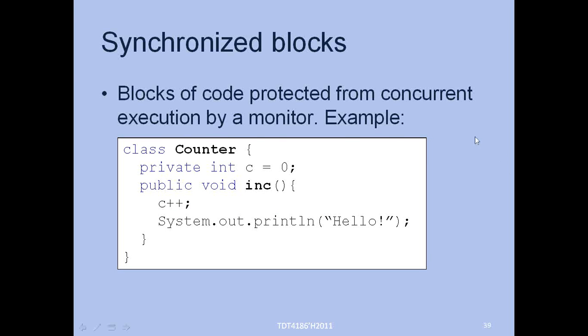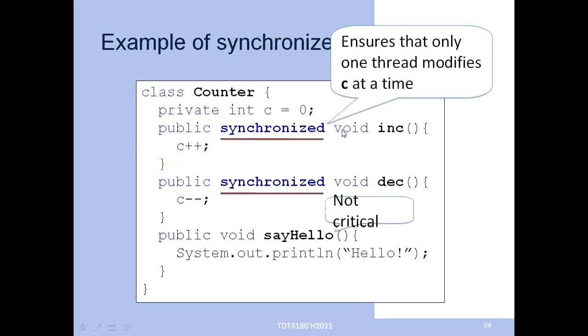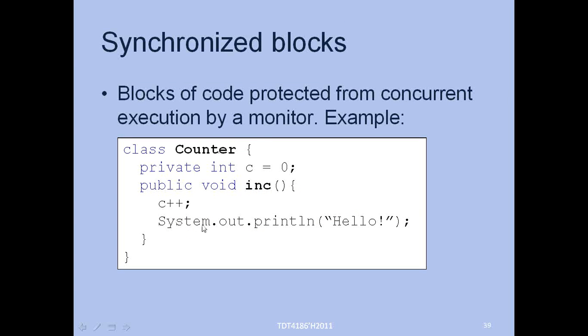See, in the synchronized method earlier, you have only one statement: increment C and decrement C. In this case, it doesn't matter if you synchronize at the method level or the block level. But if you have some other statements, like some other System.out.println which is not critical and not dependent on the value of C, you don't need to synchronize at the method level; synchronize only at the block level.